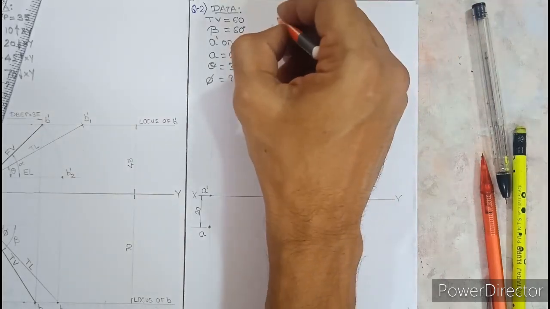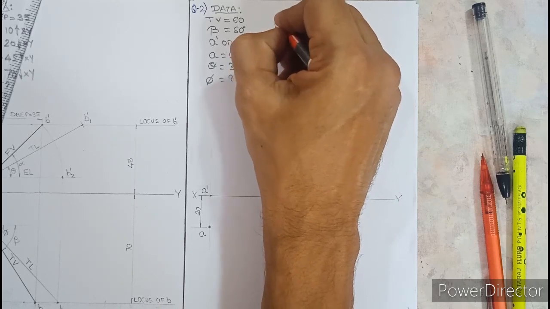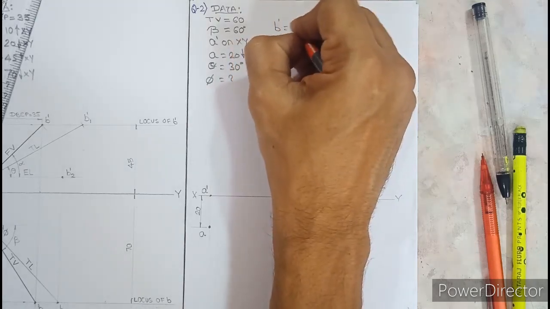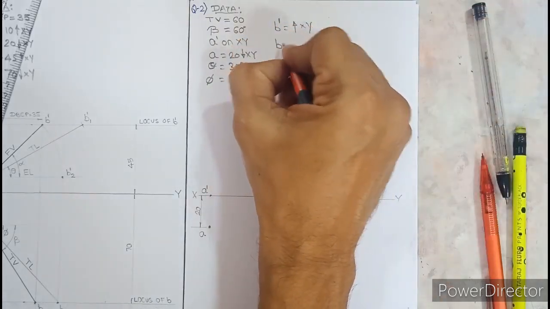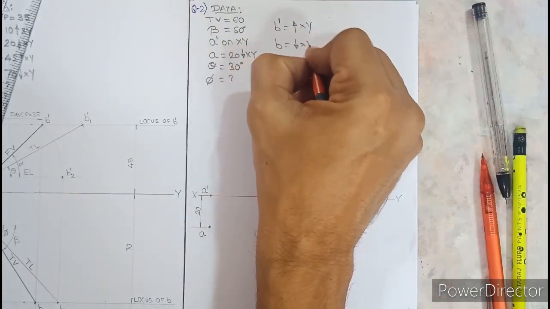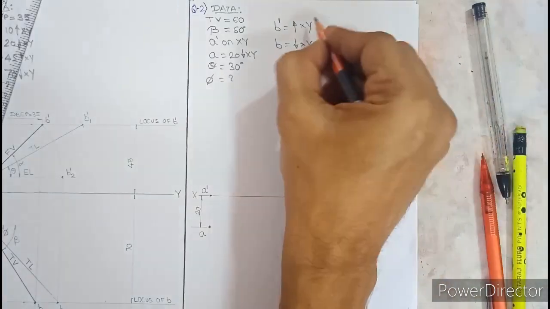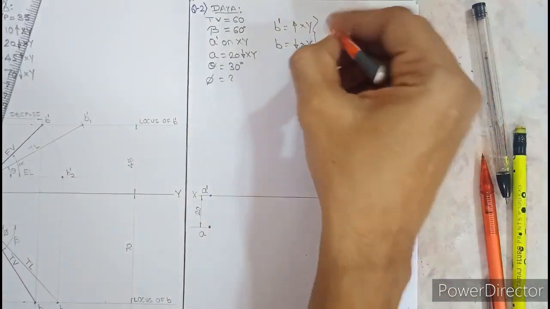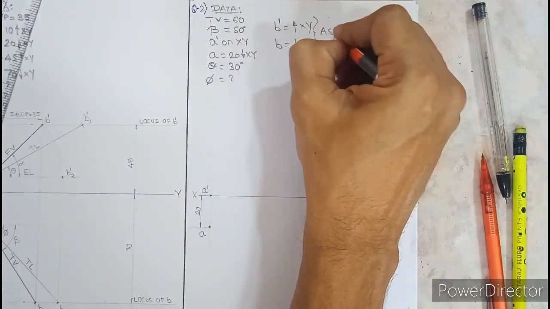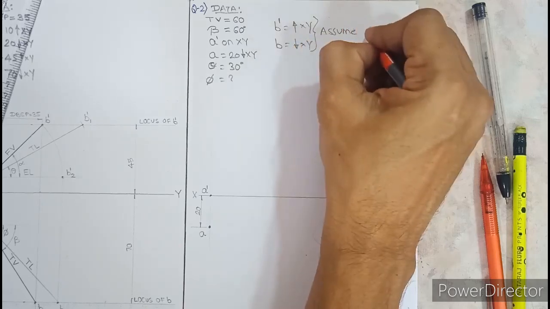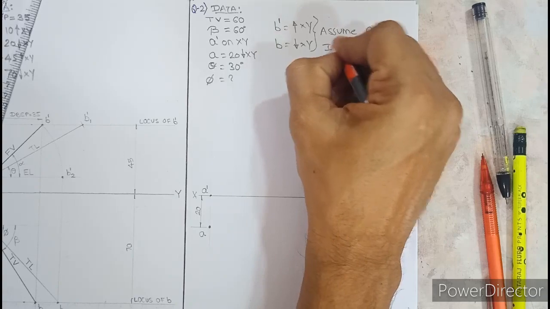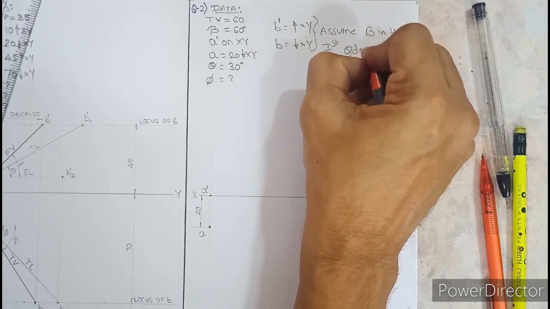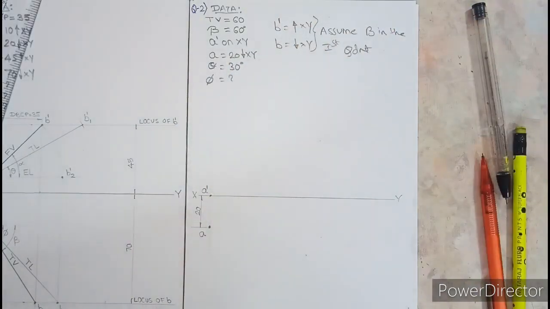We know that in first quadrant front view is above, so B dash is above xy. How much above we don't know. And what about B without dash? That is below xy. How much below we don't know. So you should put a flower bracket and write down like this: assume capital B in the first quadrant. You have to write down like this in the exam also.